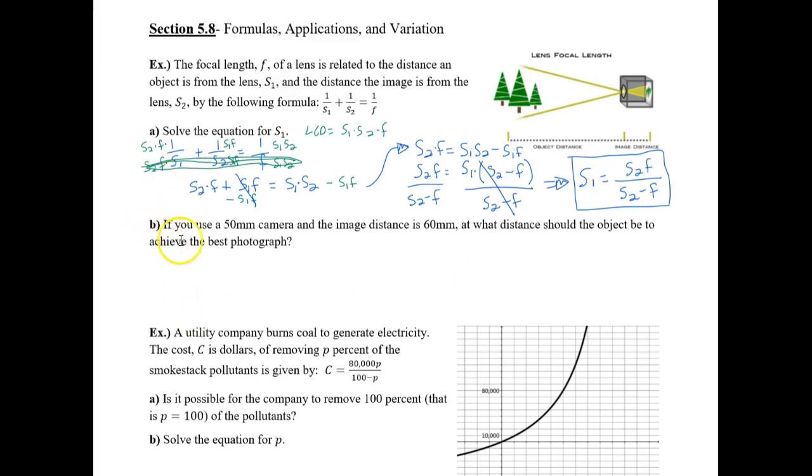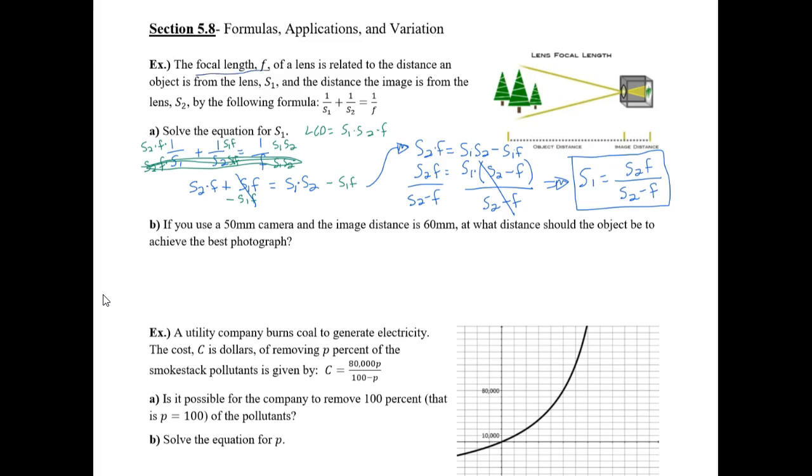Part B says if you use a 50 millimeter camera and the image distance is 60 millimeters, at what distance should the object be to achieve the best photograph? So that's what this equation was all about. And we just have to make sure we're plugging in the right information into the right place. That 50 millimeters is part of the camera.